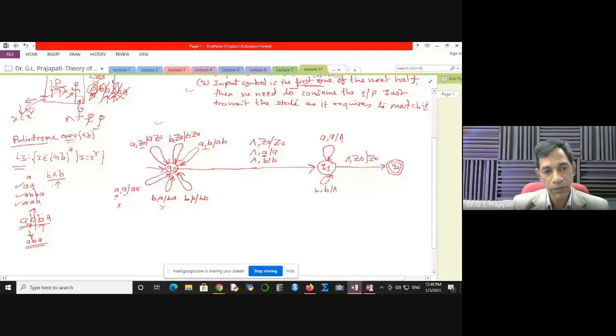So here the machine is going to make a more complex guess for the language L3. When you have the language of palindrome over the symbols A and B, and the length of the strings can be even or odd, what can you do?